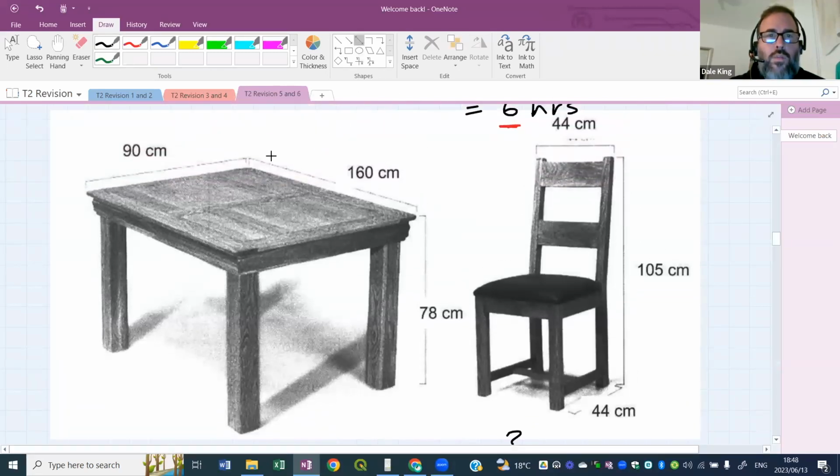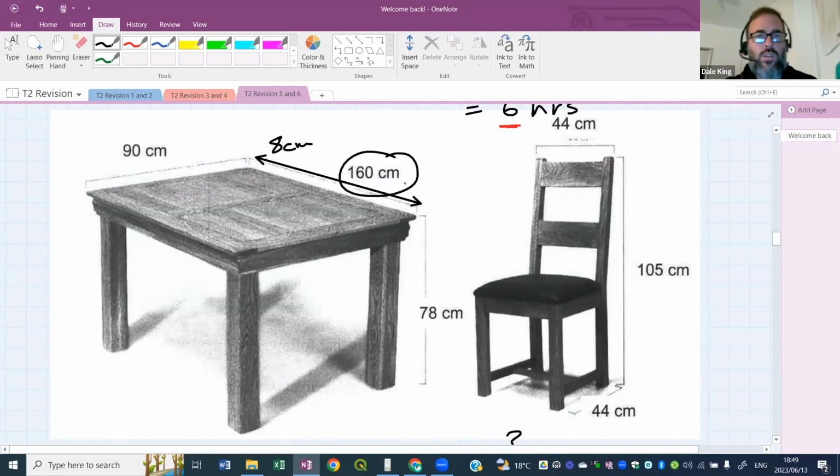They mean that if you measure this here and you get a ruler measurement of 8 centimeters, but in the real world, it's 160 centimeters. They're saying, what is the scale of the drawing? Determine the scale of the drawing.